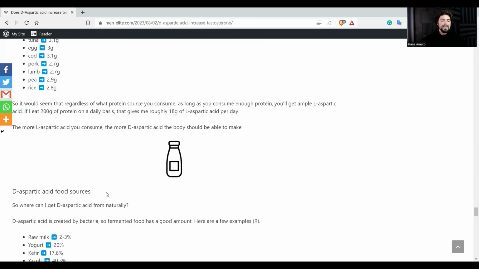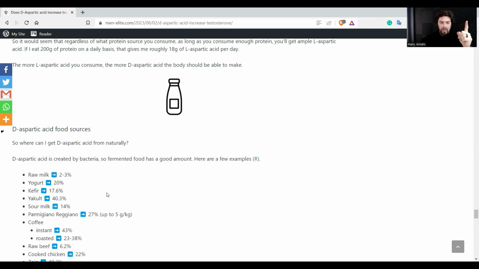But let's look at D-aspartic acid, right? Where is D-aspartic acid found? You have bacteria that can create D-aspartic acid. So naturally, we think that maybe fermented food will have more D-aspartic acid. High protein fermented food will have the most.